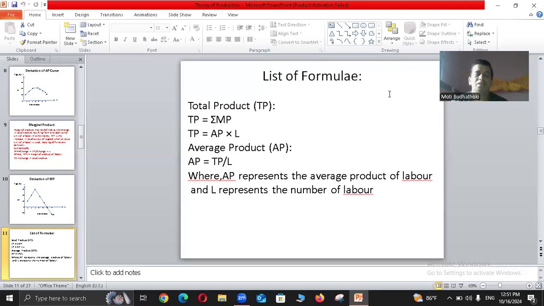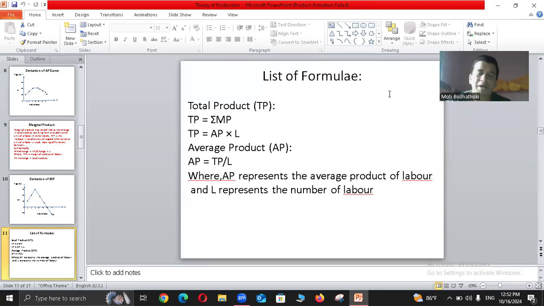In the same way, total product is equal to average product multiplied by units of labor. If average product is multiplied by the number of labor, it also gives the result of total product. And another, AP is equal to TP divided by L, where AP represents the average product of labor and L represents the number of labor.